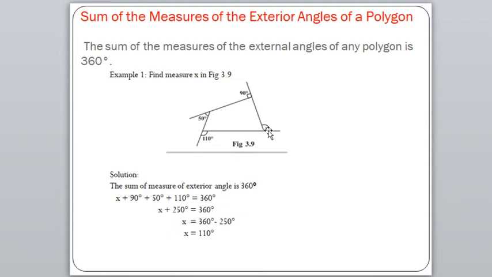The next angle starts from here and that side ends at the third angle, 90 degree. From where that angle ends, the next side starts and ends at the 50 degree angle, and then from the 50 degree angle the side ends at the 110 degree angle, which means from where it started it has ended at the same point.